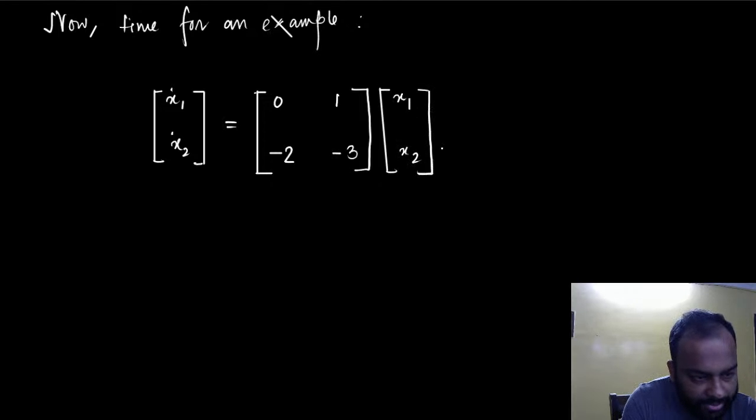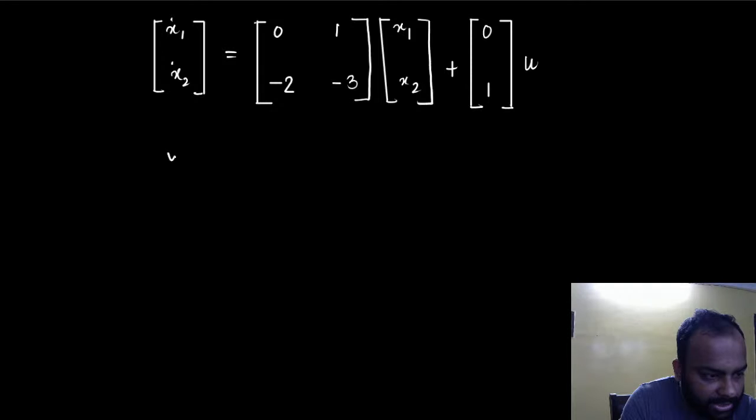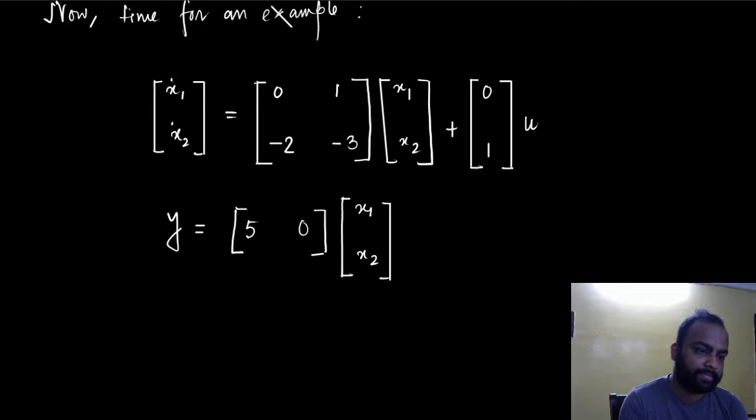So you know your A matrix, B matrix, C matrix, and D matrix. It's a SISO system again. D is 0, I'm not writing it.